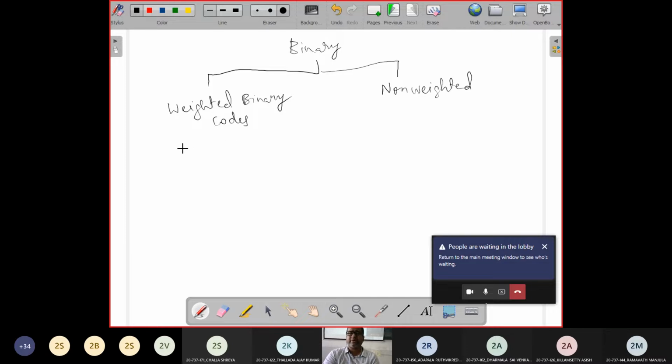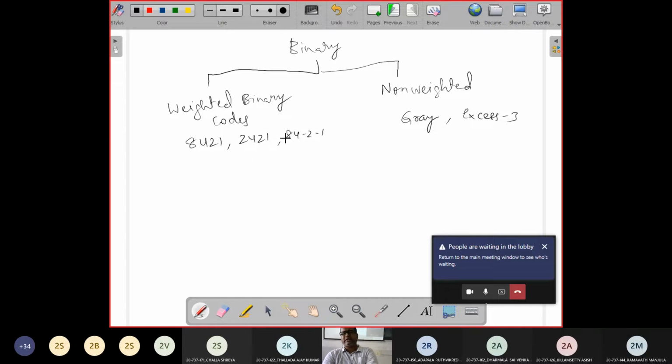Examples for weighted binary codes are 8421, 2421, 84 minus 2 minus 1. Examples for non-weighted binary codes are the Gray code and the XS3 code.